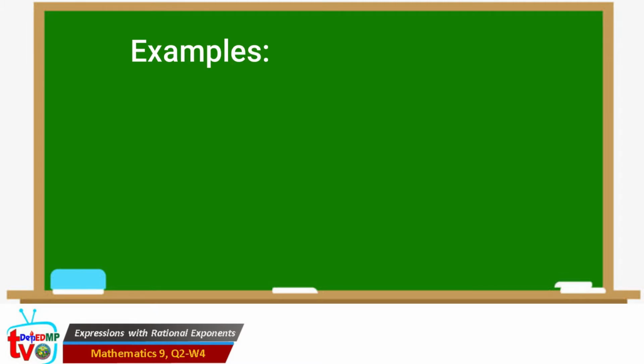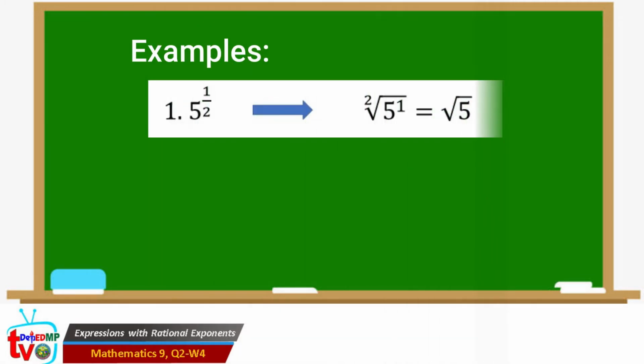Examples. Number 1, 5 raised to 1/2 to its equivalent radical form is the square root of 5 raised to 1, which in simplified form becomes the square root of 5. And by the way, if the index is 2, you do not need to write it.